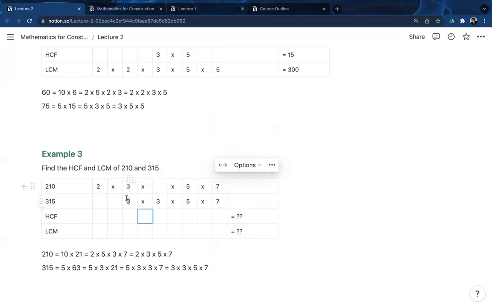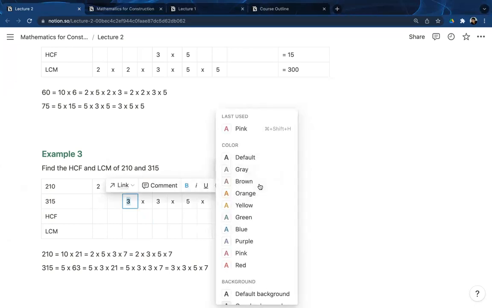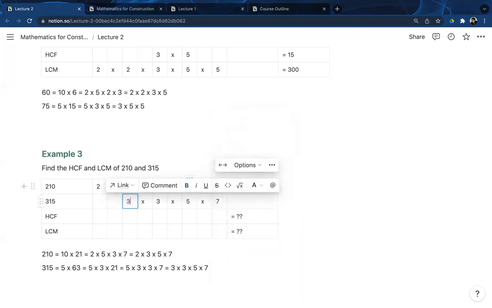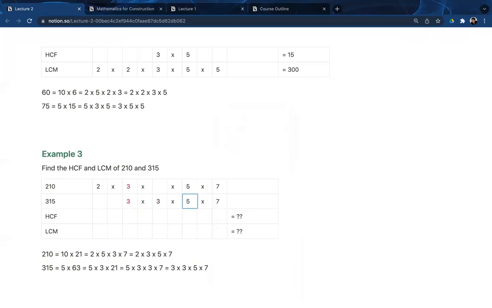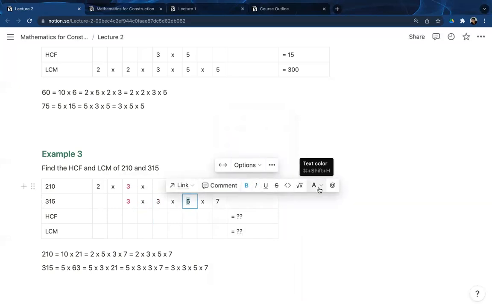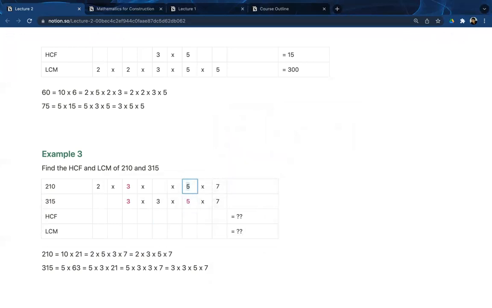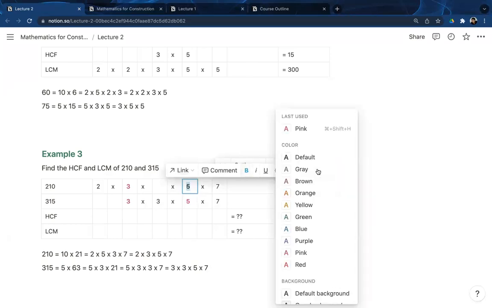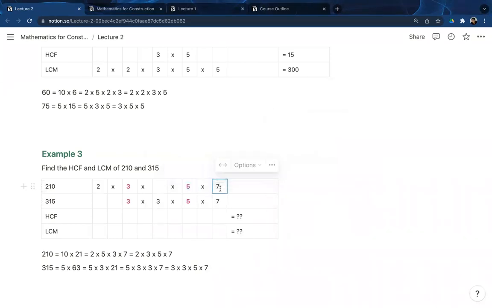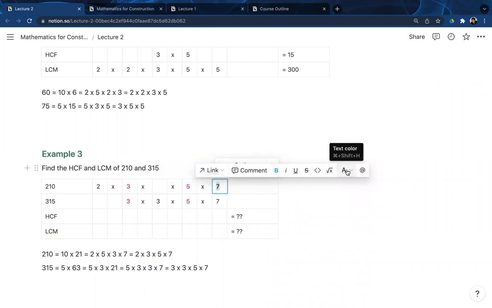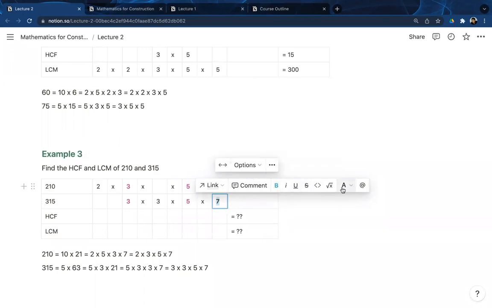All right. Now the HCF would be the columns that have numbers in common. So definitely the 5. And also the 7. So you see the 3, there's a 1 3 in common, there's a 5 in common, there's a 7 in common.